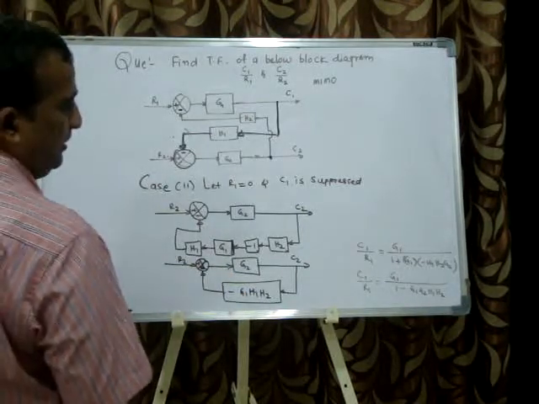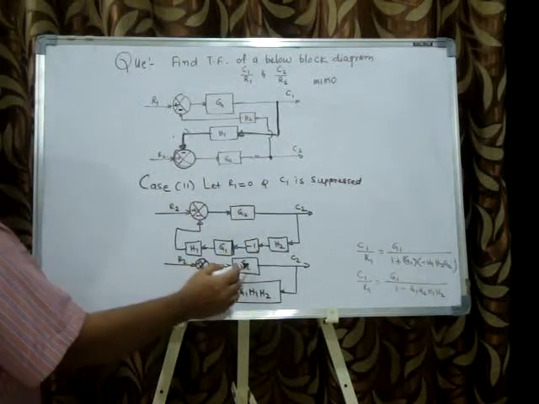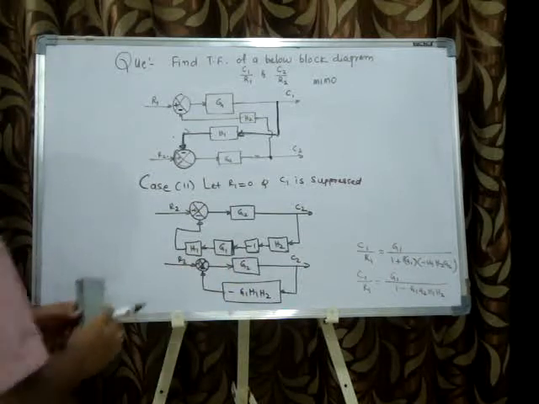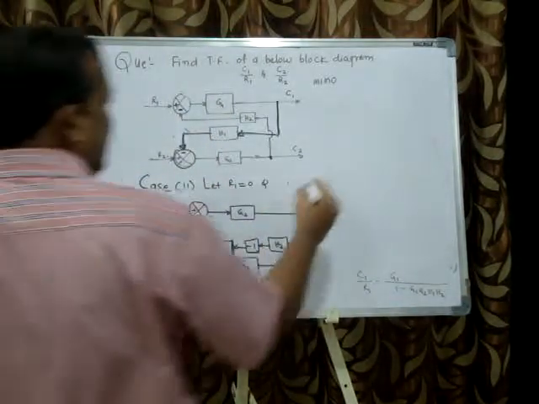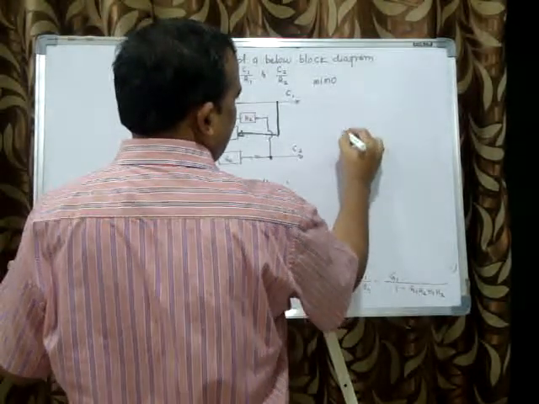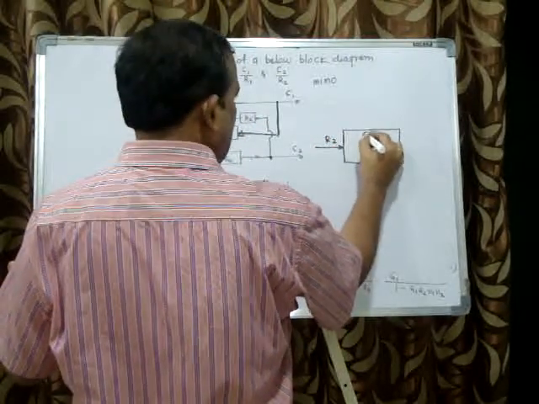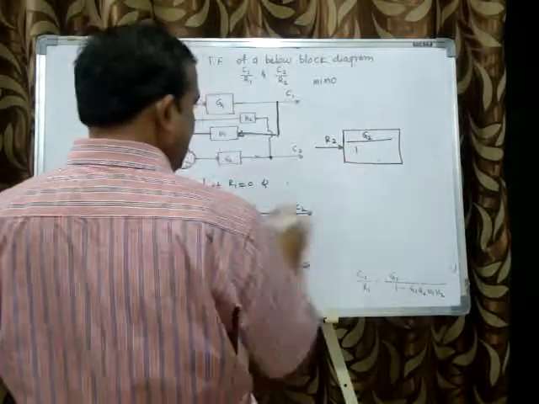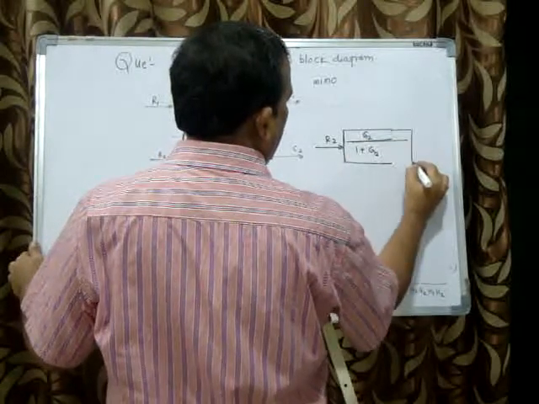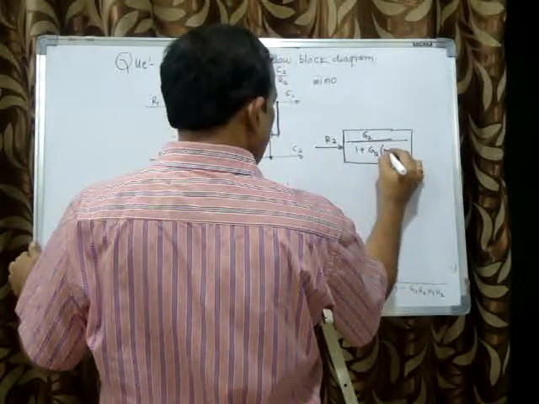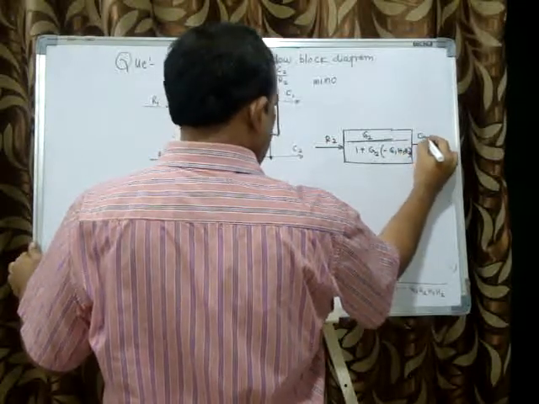Now it is a minor feedback loop, G of S and H of S. So here I'll write R2 G2 divided by 1 minus the loop: feed forward element into feedback element, minus H1 G1 H2, then C2.